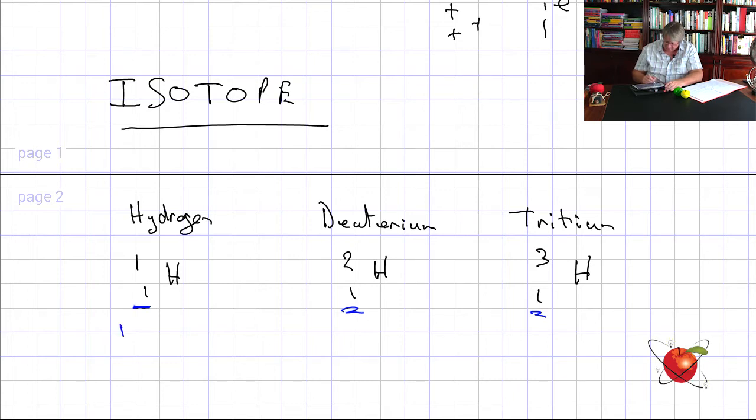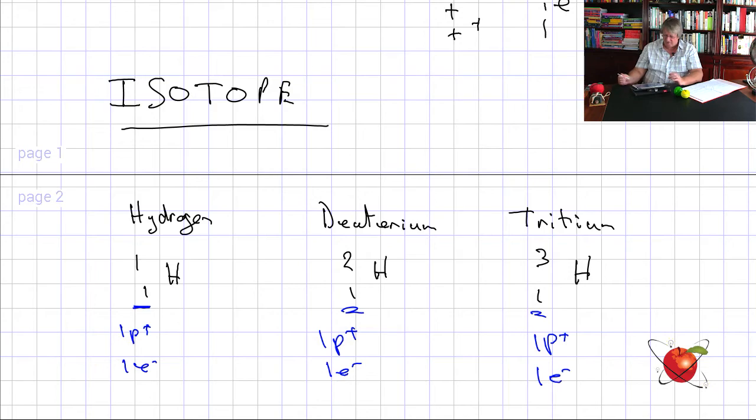So here we've got 1 proton, 1 electron. That's all tied up. But what about here? Here we've got 1 proton, 1 electron, 1 proton, 1 electron. So there's no charge, but there's a 2 and a 3.